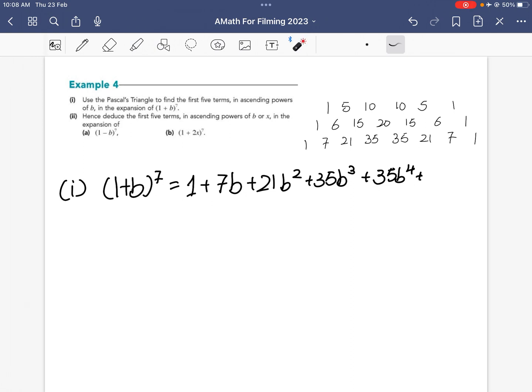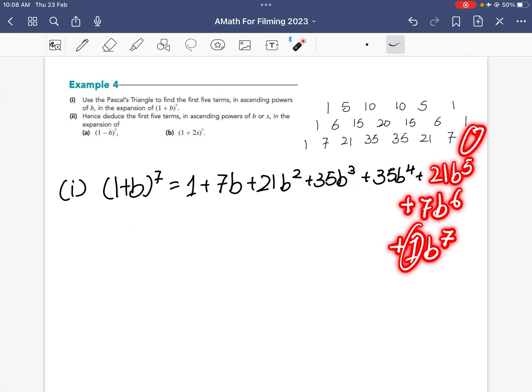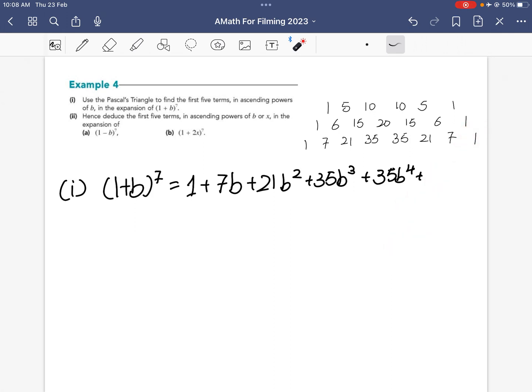If I want to carry on, it will be 21b to the power of 5 plus 7b to the power of 6 plus the last one is 1b to the power of 7. But the question says expand to find the first 5 terms. So 1, 2, 3, 4, 5. I'm done here, so I just put plus dot dot dot.